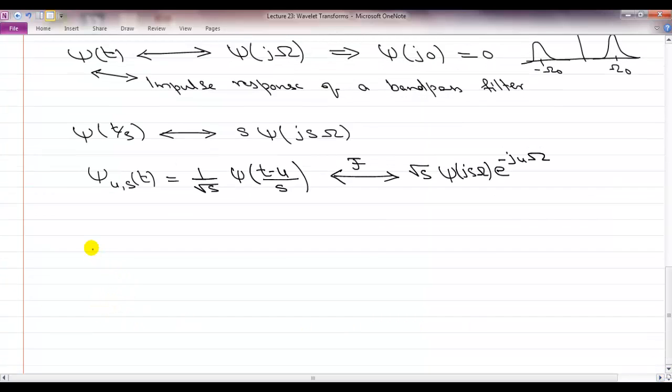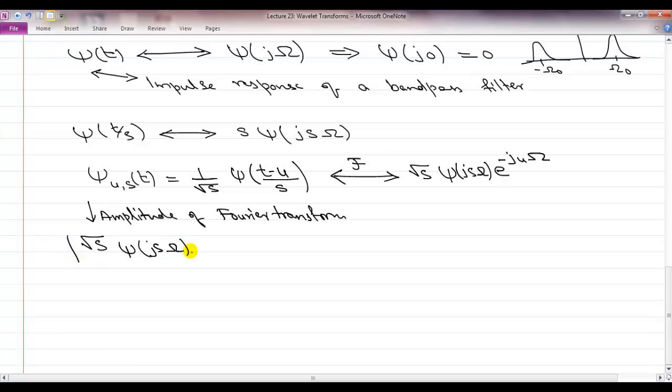So let's just look at the amplitude of the Fourier transform of this thing. If I look at the amplitude of the Fourier transform of this, that is simply square root of s times the absolute value of psi of j s omega. Okay. So let's then try to understand what happens as we change our scale.